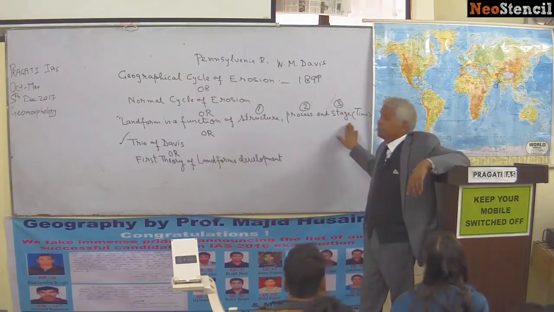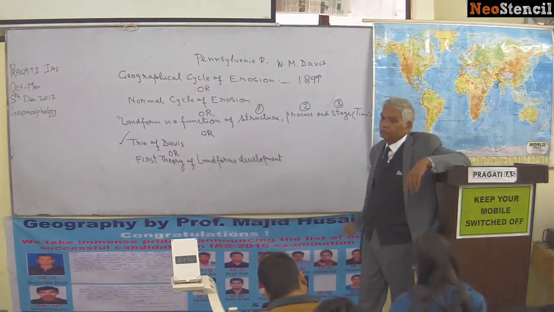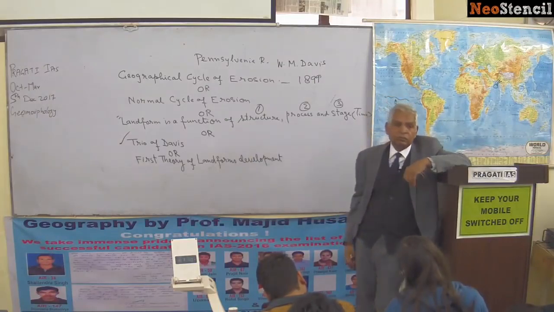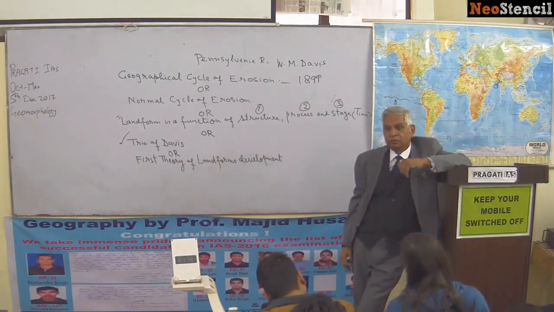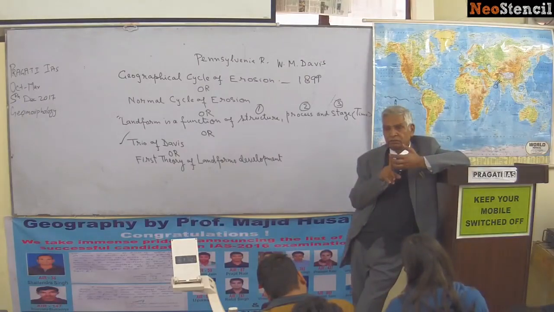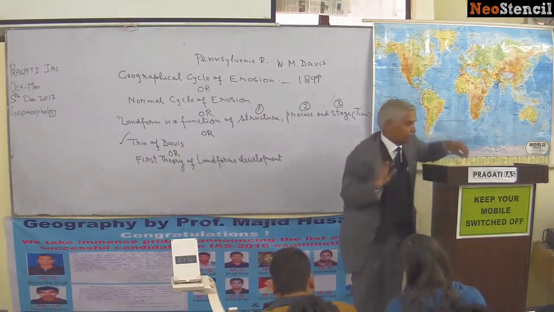And the third one is the stage. Stage is a word which is used in geology. The geography people use time. Time is more simple. And time, according to Davis, means the stages of life. The stages of life are youth, mature and old.